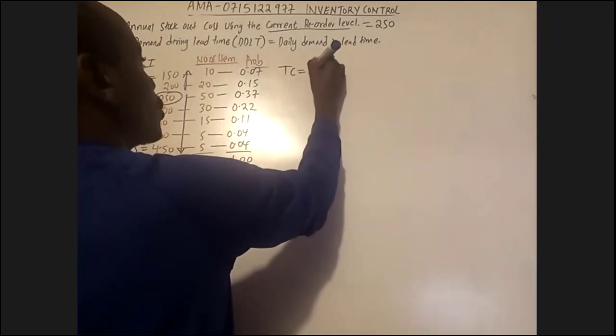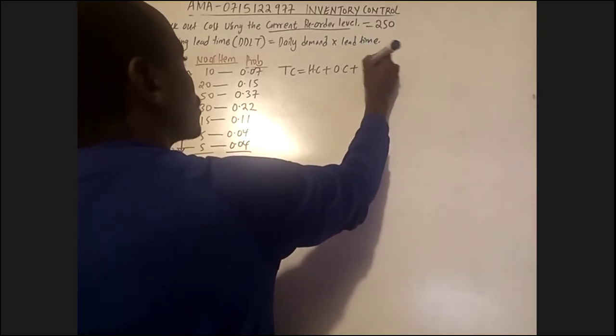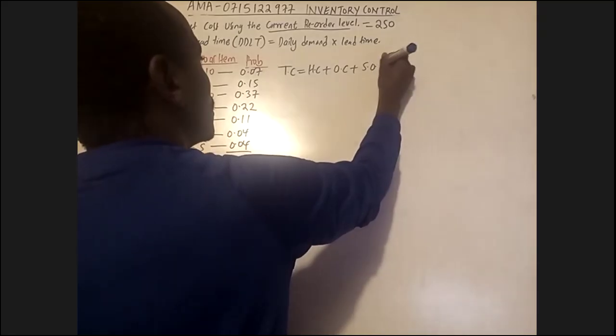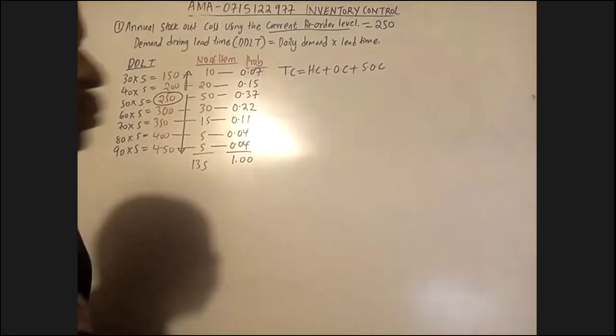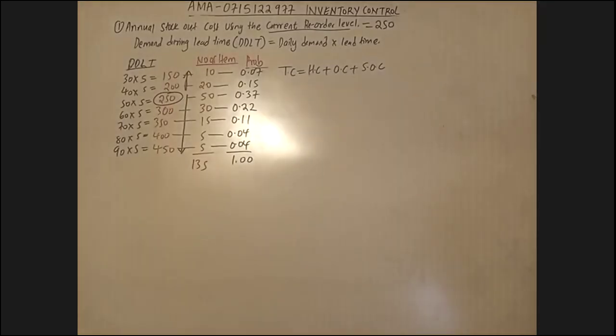Total cost is equal to holding cost plus ordering cost plus shortage cost.